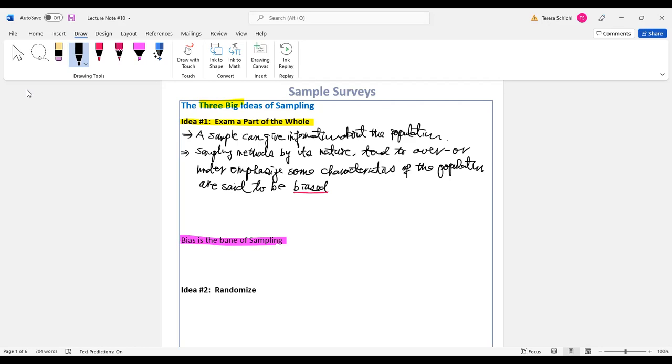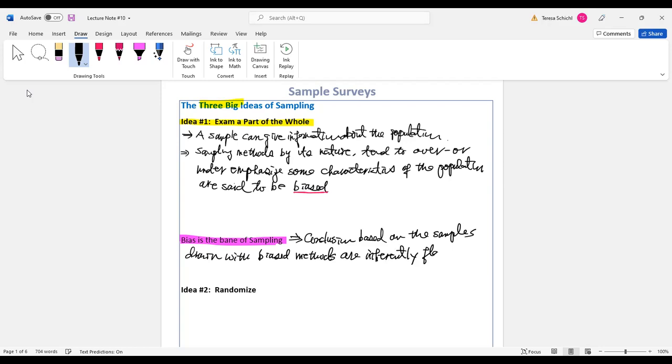That's why bias is the number one concern: if you draw conclusions based on a sample drawn with biased methods, the conclusions are inherently flawed.